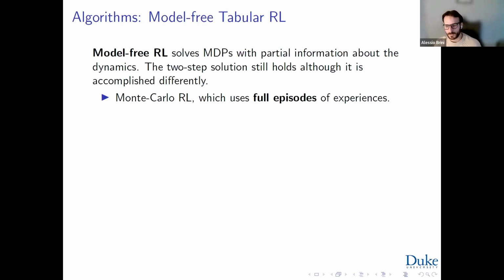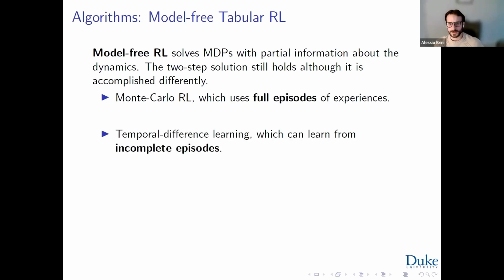So the hedging problem is going to end at some point. In that case, you can train on episodes of experience where you let the agent interact with the environment for a given set of time steps up to the termination of the episode. Then you have collected the sequences of state, action, reward, and subsequent state, and you can use those data to update your policy.